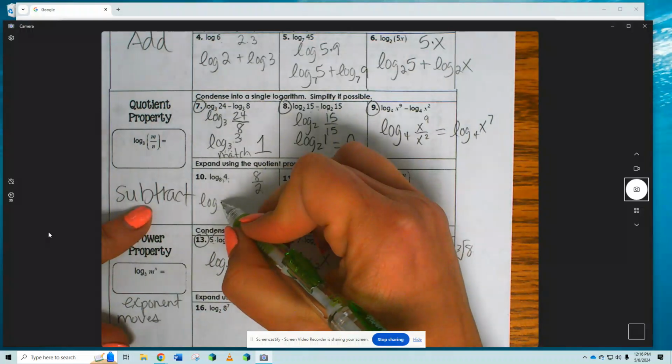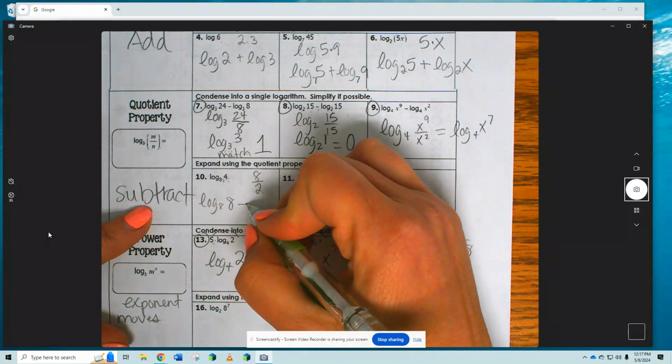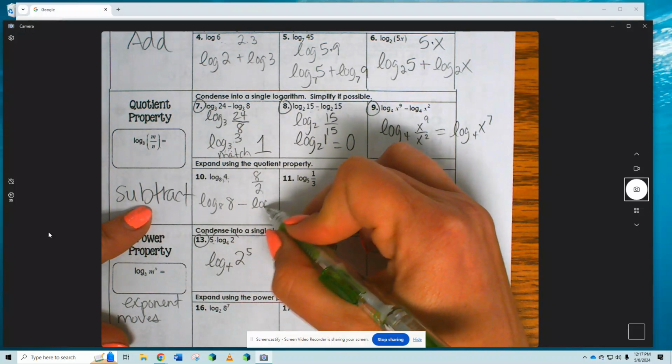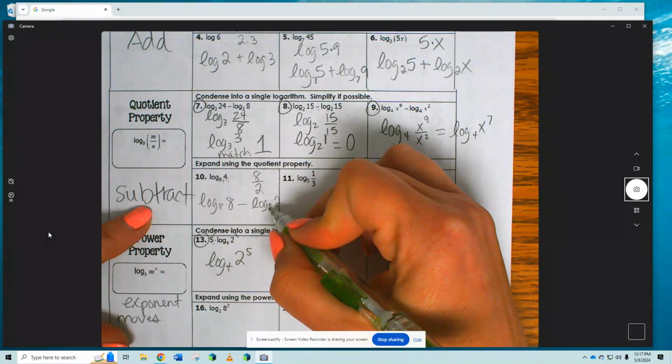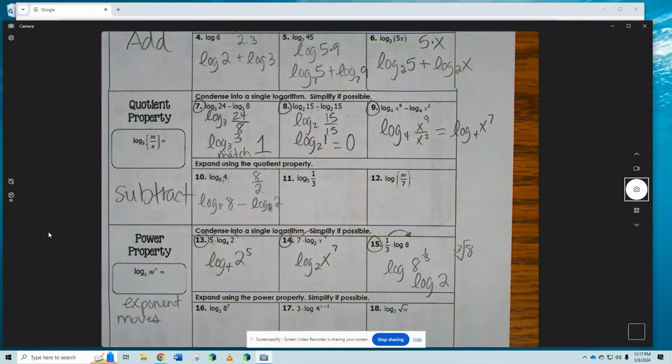Log base 8 of 8 minus log base 8 of 2. So I made it into a subtraction problem because 8 came from, and that one would have been weird. Like you might have done 2 times 2. You wouldn't have known. I think I like 11 and 12 a lot better because they're clearly fractions.